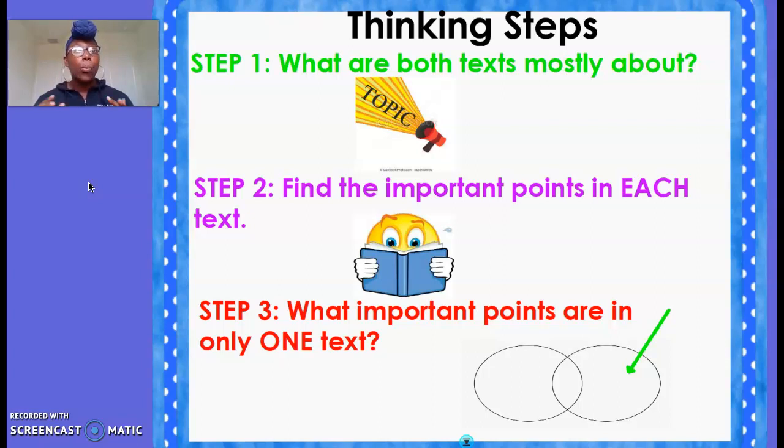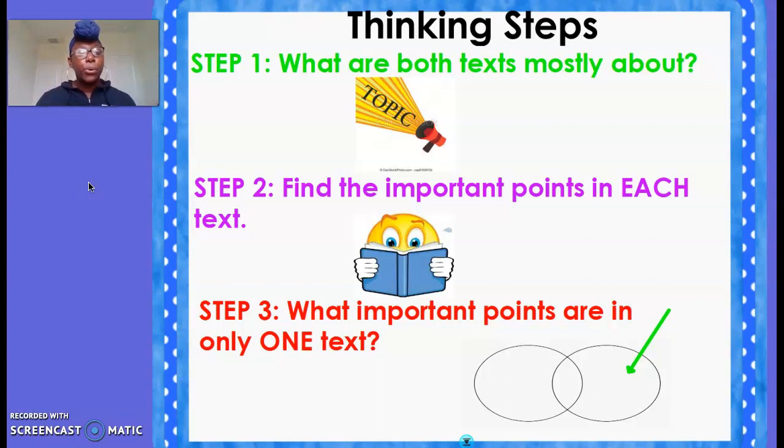Now, when I think about what both texts are mostly about, I am talking about the topic. What is the topic of each text? Here's a clue for Ruby Bridges, both of these stories. The topic is Ruby Bridges and her going to school.